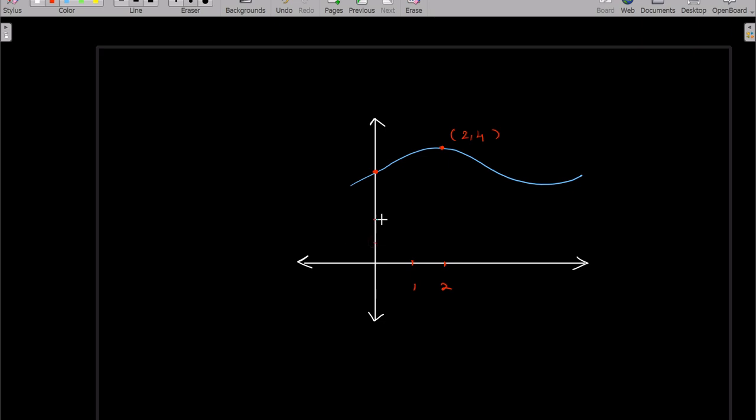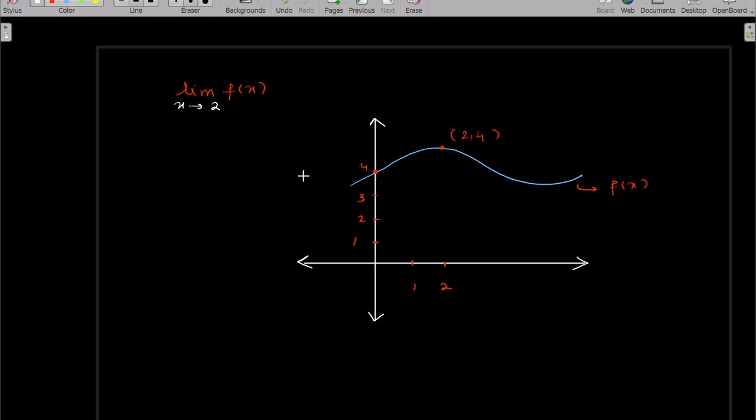So 1, 2, 3, 4. Now I am interested in finding out the limit of this function. Let's say that this function is f of x, and I want to find out what will be the limit of this function when x approaches 2.